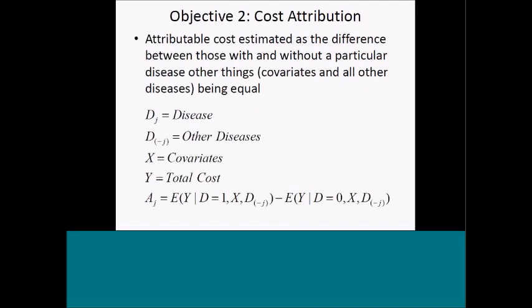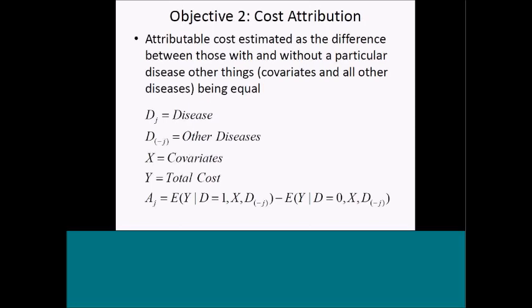Now the next thing is, okay, now we have these 107 dummy variables. How are we going to attribute the cost for those 107 conditions? Here we took a cause and inference framework where D_j is the disease under question, for example hypertension, and D_minus_j is all other diseases, so 106 of those dummy variables.